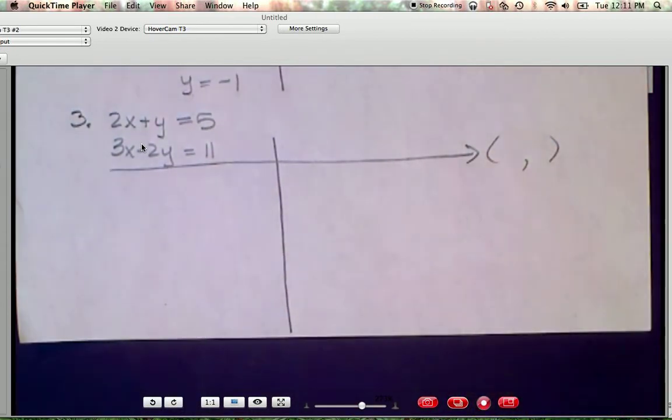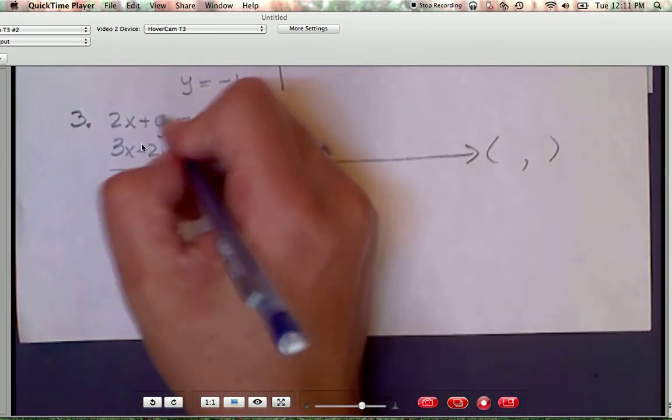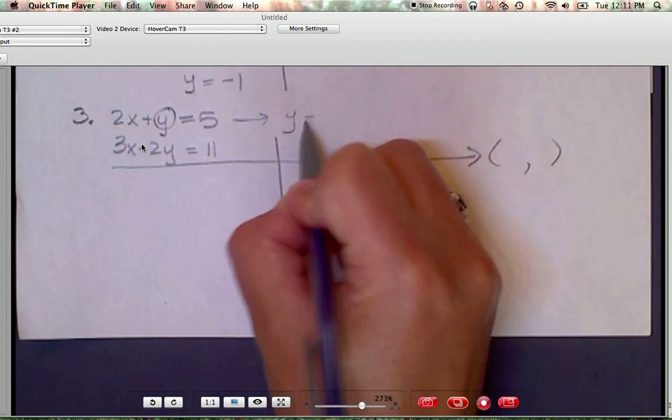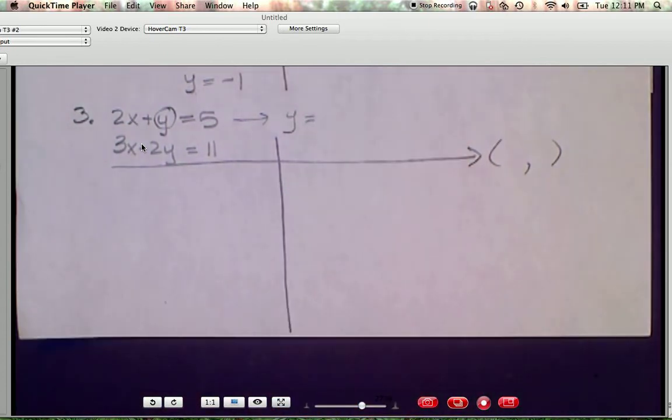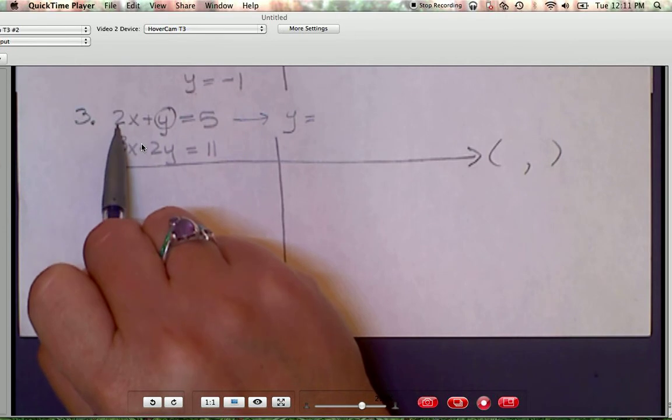Okay. We're looking for a lonely variable. Which of those variables looks the most lonely? This y right here. So over to the right, we will solve for y. And what will we have to do to get y alone? We'll have to subtract this 2x.